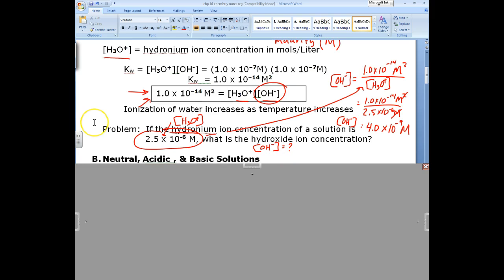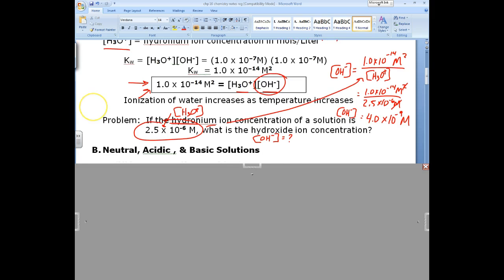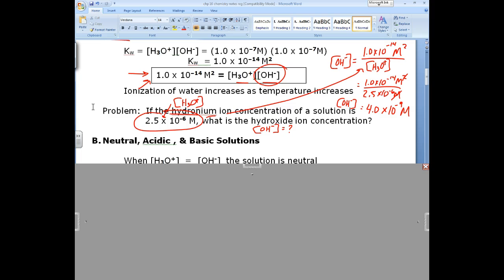All right. The next thing we'll have to do is classify this solution as neutral, acidic, or basic. So, if our hydronium concentration is equal to our hydroxide concentration, that means our acid stuff is equal to our base stuff, then we end up with a neutral solution.